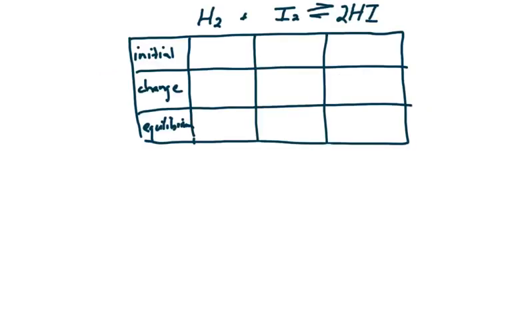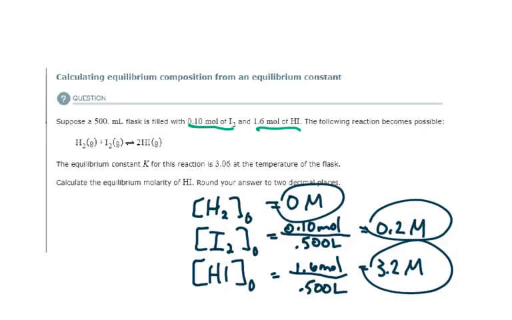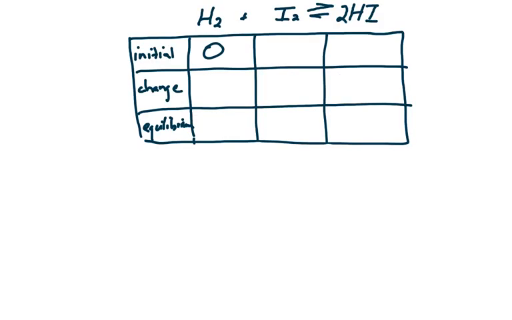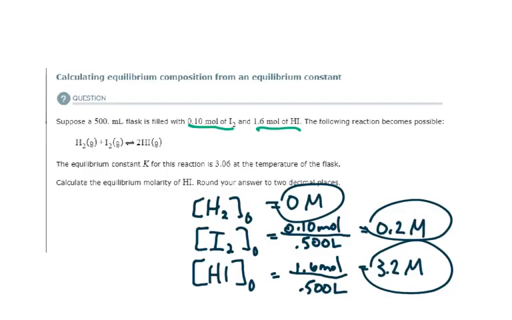So 0 moles H2, initial concentration is 0. Here's the reaction. So this is for H2, this is for our second reactant, and here's our product. 0.2 molar for I2, and for HI, 3.2. So we have quite a large concentration of HI to begin with.